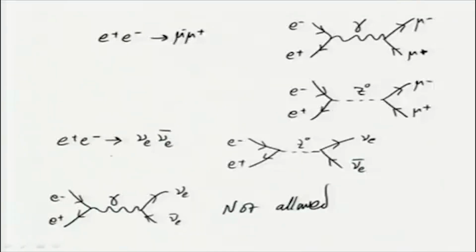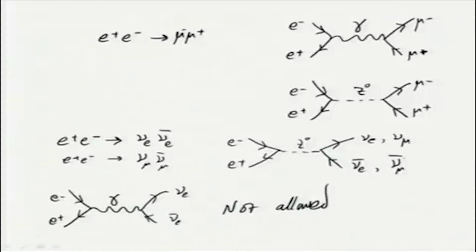Okay. Incidentally, the same initial state, electron and positron, can also go to mu type neutrino and mu type antineutrino, without being in conflict with any of the lepton number conservation.